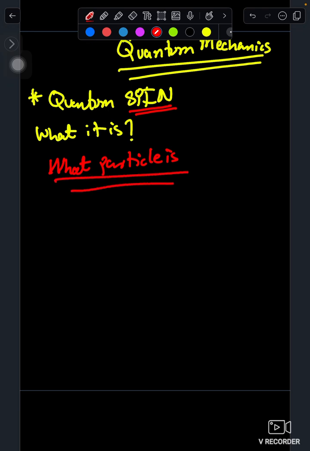Being that particle is what makes it have that spin. For example, we knew that the electron has a spin of 1/2, just because an electron is an electron and it is negative.